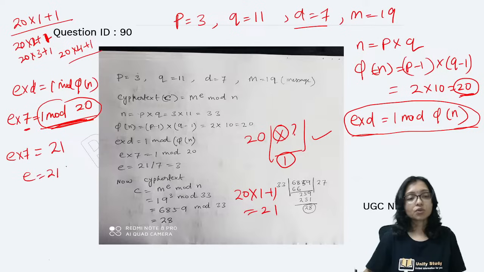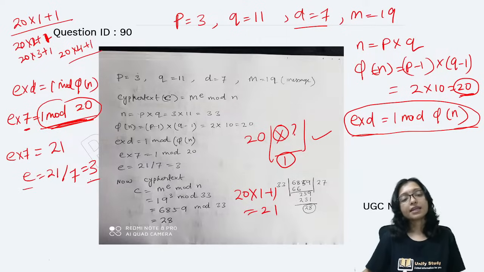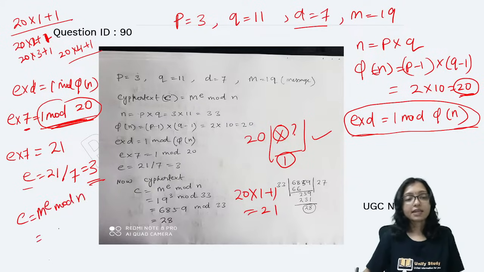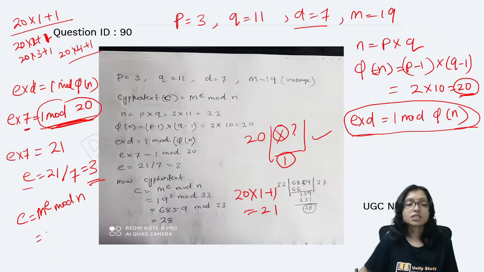So E will be 21 by 7, that is 3. So you are getting 3. Now after that, ciphertext equals M to the power E mod N. That is the message, whatever message is there: 19 to the power 3 mod 33.